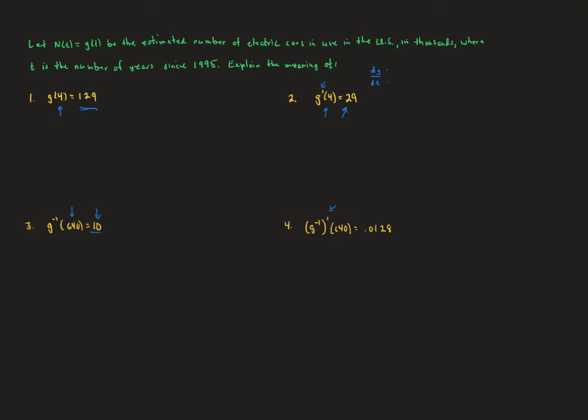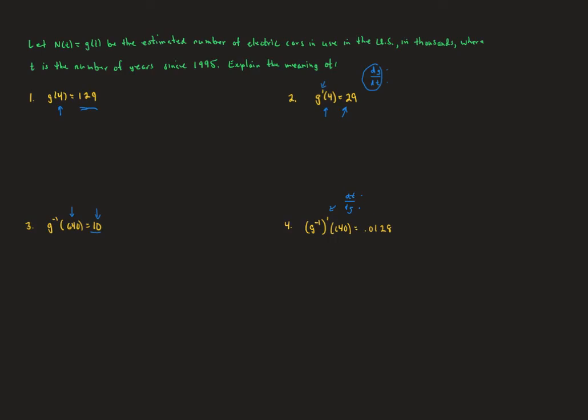Now, even more challenging is this derivative. It's going to be a rate of change of, now it's not dG/dt, but it's switched. It's going to be dt over dG. It's going to be a change in time per G measurement, so change in time per 1,000 electric cars. Kind of a weird idea.